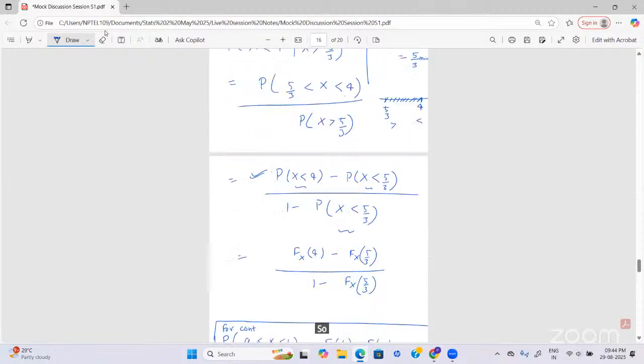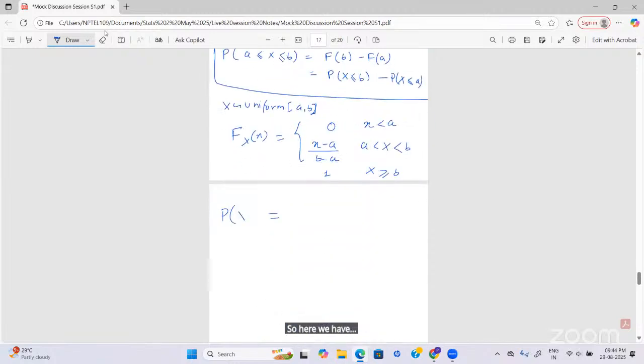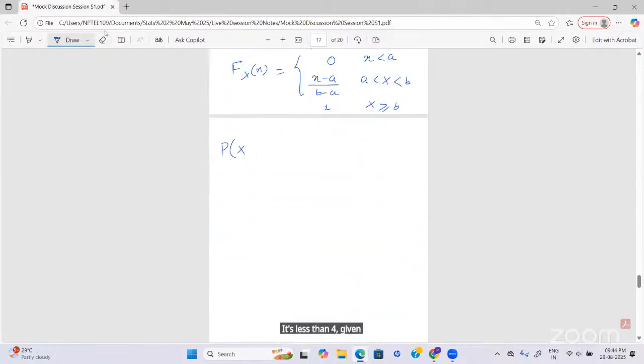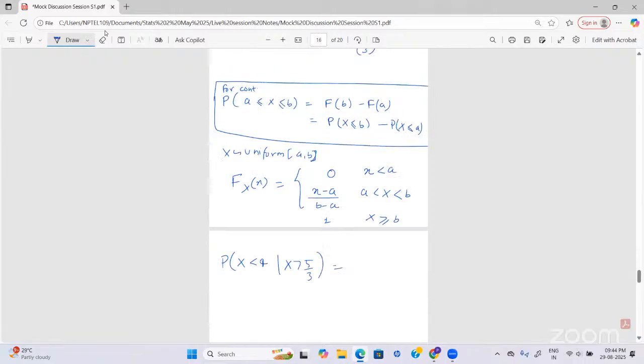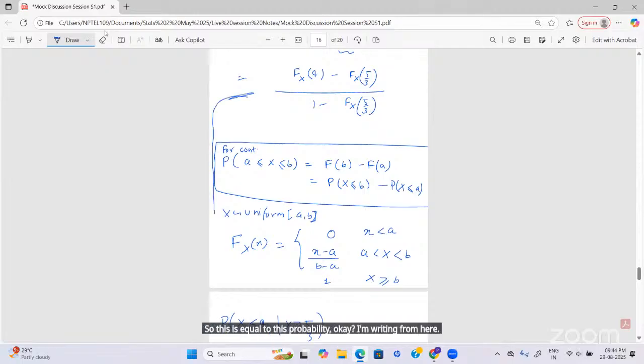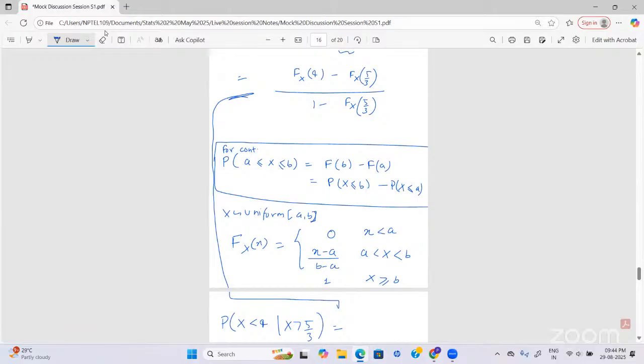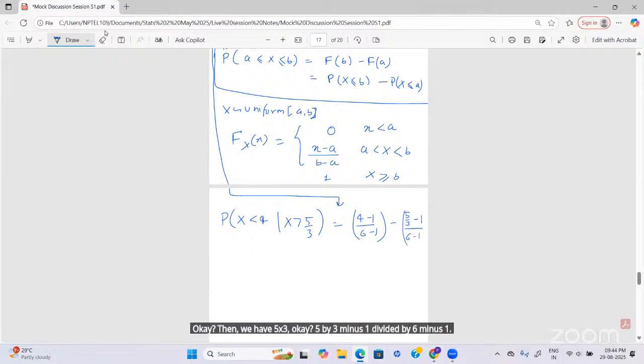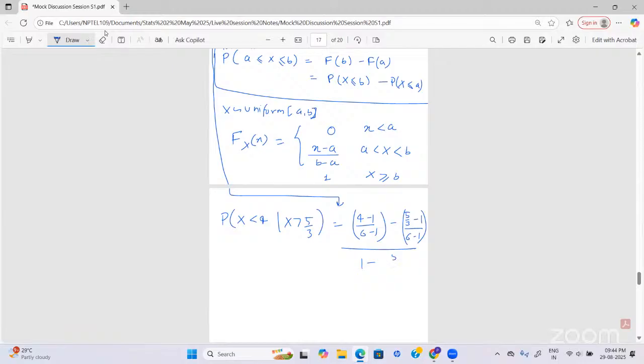So here we have P(X less than 4 given that X greater than 5 by 3). This is equal to this probability. I am writing from here. Then we have 5 by 3: (5/3 minus 1) divided by (6 minus 1), and 1 minus (5/3 minus 1) divided by (6 minus 1).